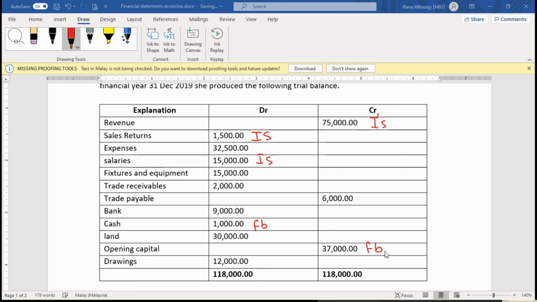Where do we put the trade receivables, financial position or income statement? Financial position. Perfect. And the trade payables will be the same, the financial position.